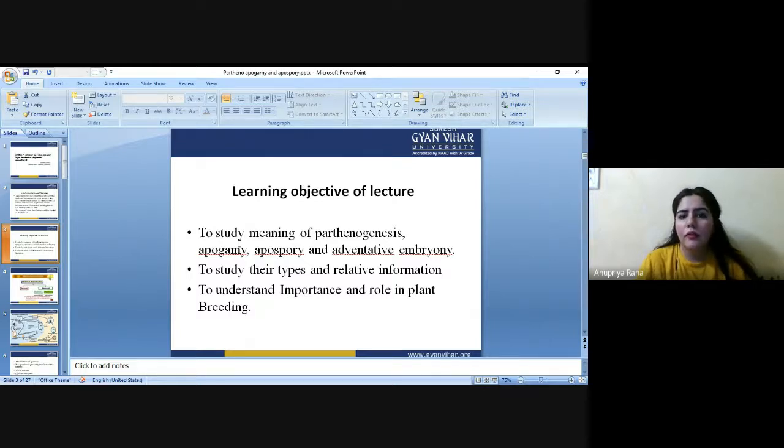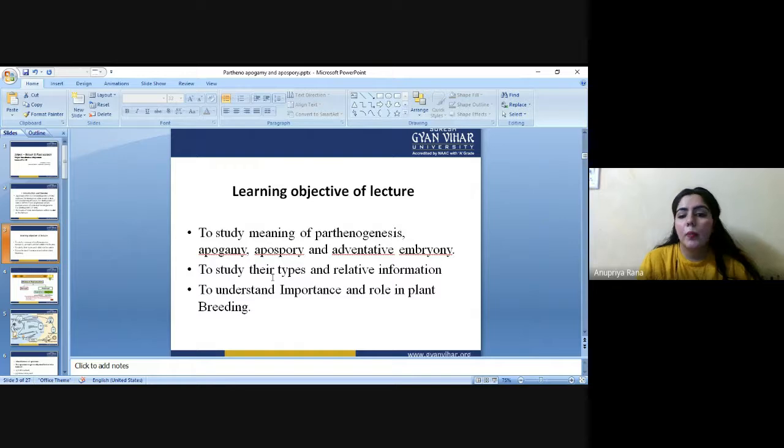These are the types of apomixis we are going to discuss, along with their subcategories. There are some basic factors we will discuss, like on what basis we are classifying them.